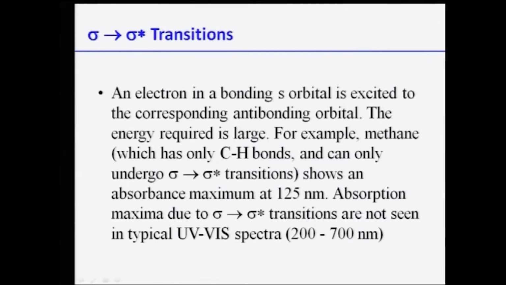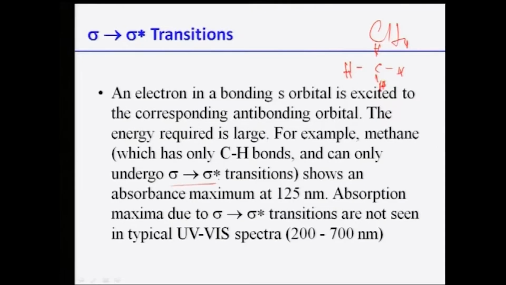In methane, CH4, a saturated compound, only C-H bonds are there. There are 4 C-H bonds in a methane molecule, and these bonds are all saturated, as you know, and can only undergo sigma to sigma star transitions.